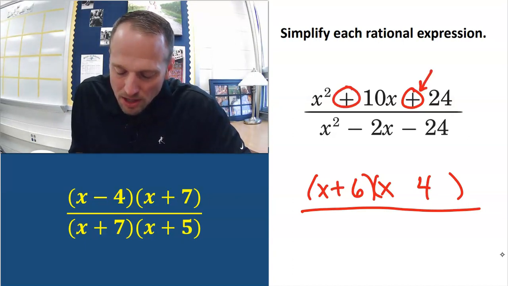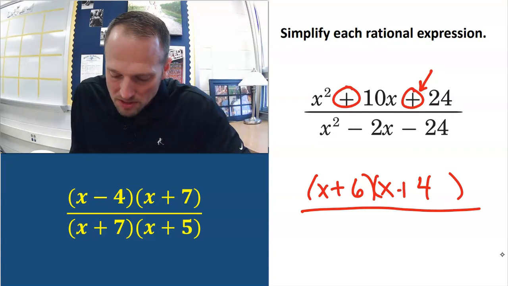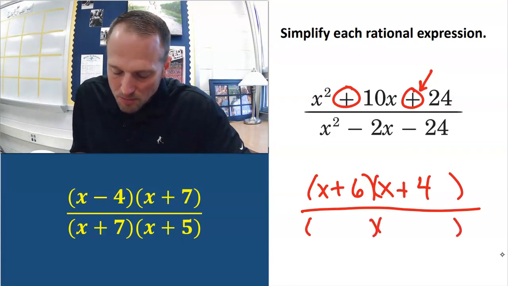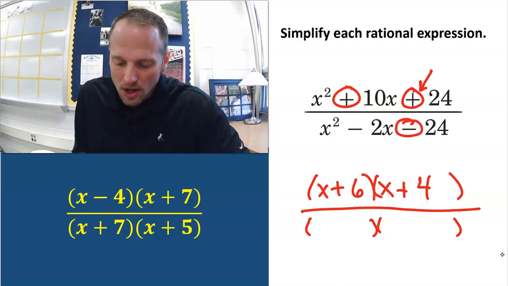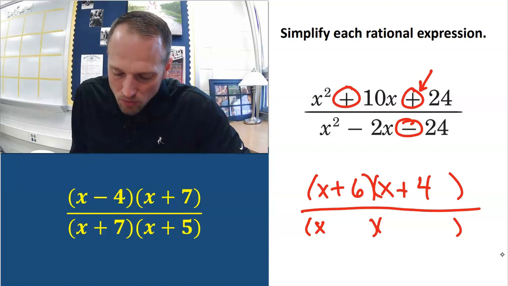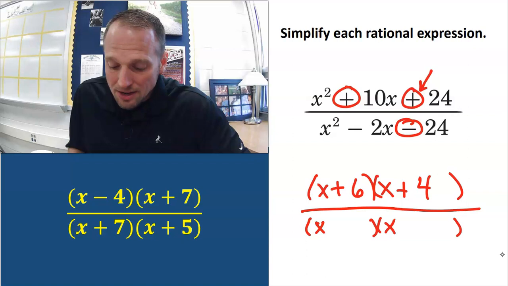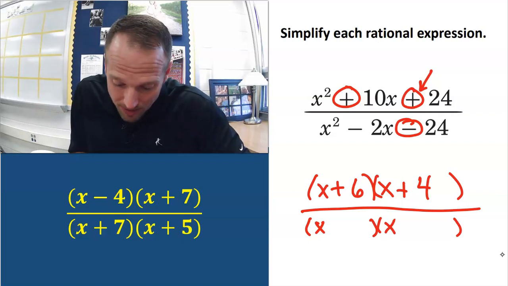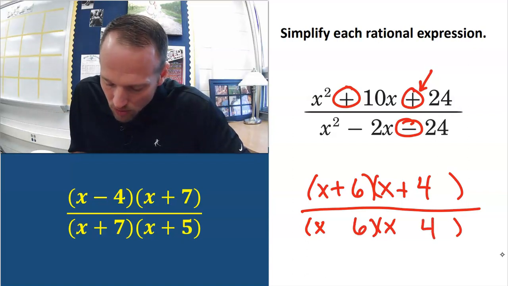And since this is a plus, it means the two signs are the same, plus and plus. Let's do the bottom. Looking for numbers that multiply to get 24 and this time subtract to get 2. So multiplies to get 24 and subtracts to get 2. I actually think those numbers are going to be the same again, 6 and 4.